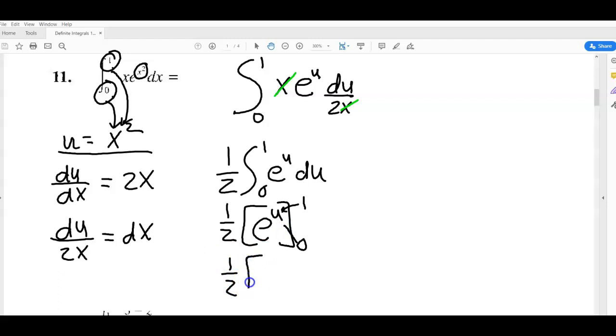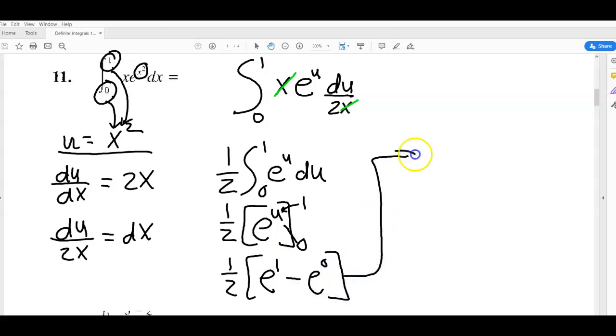So it's e to the u. It's going to be e to the first power minus e to the 0 power. E to the 0 power is 1. And so this is what we're left with.